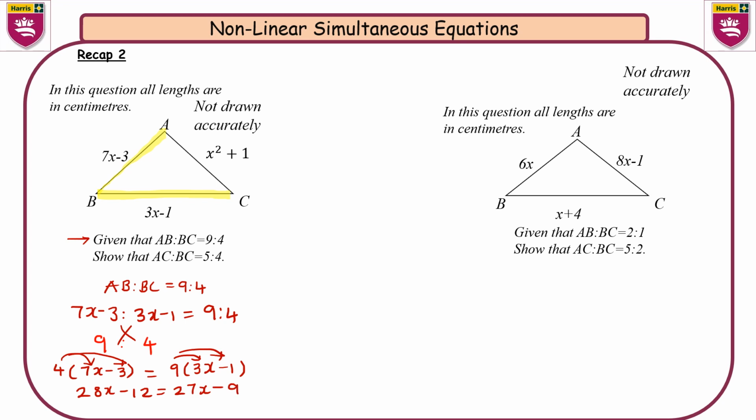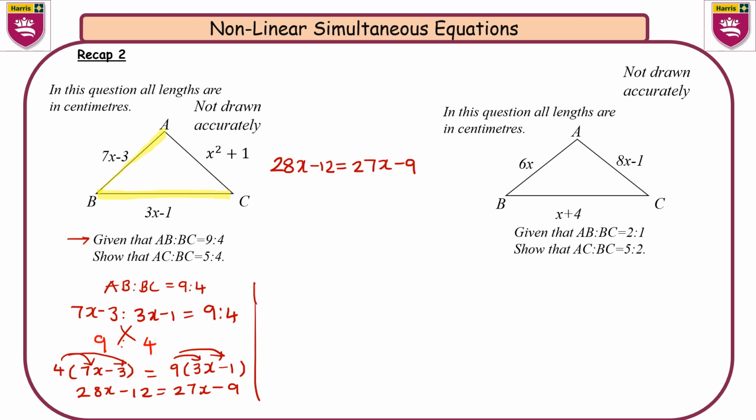So I'm just going to carry on next to it, guys, so then we have enough space to do the solving. So we have 28x take away 12 is equal to 27x minus 9. So when we know about solving an equation, we know that we need to always start from the smallest x first, because that's going to allow us to get rid of the smallest x.